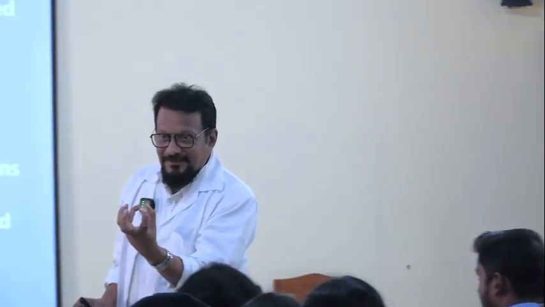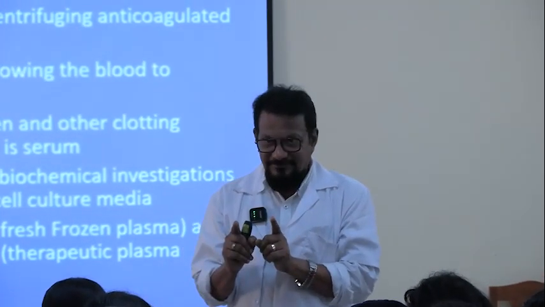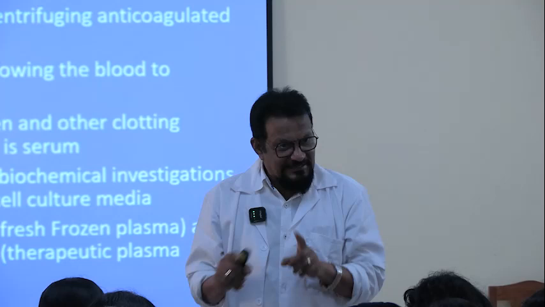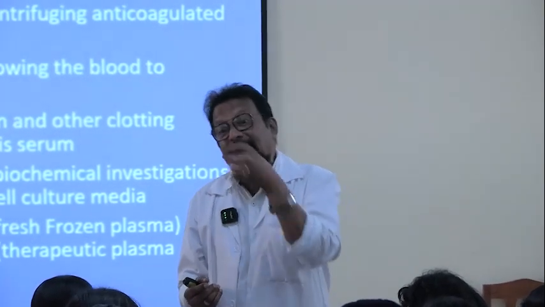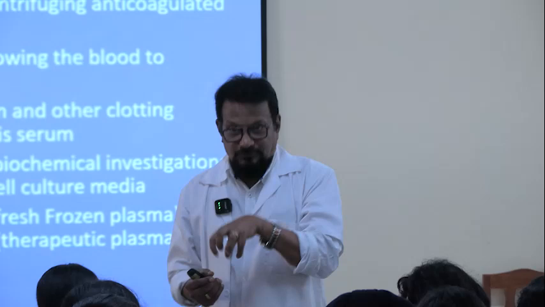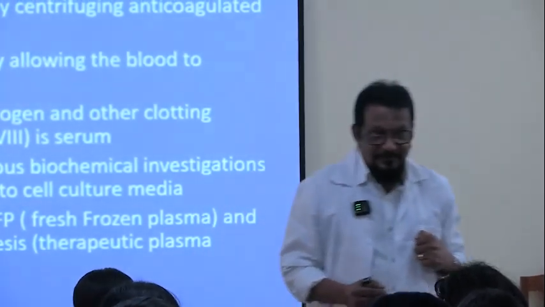Other than the technique by which we get them, regarding composition, some components have been used from plasma into the clot formation. Since these components are engaged in clotting, they are within the clot, so they will be absent in serum.